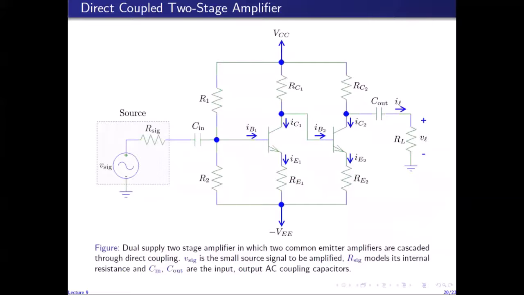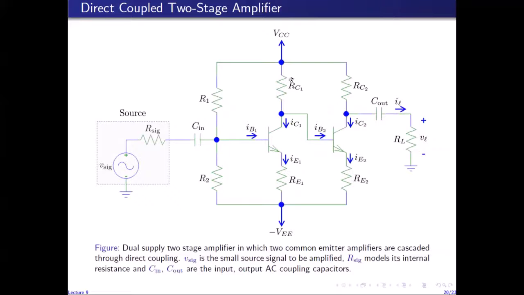So as I said earlier, the direct coupling of multi-stage amplifiers couples the output of an amplifier directly with the input of the following stage. So here I show the circuit of a direct coupled two-stage amplifier.